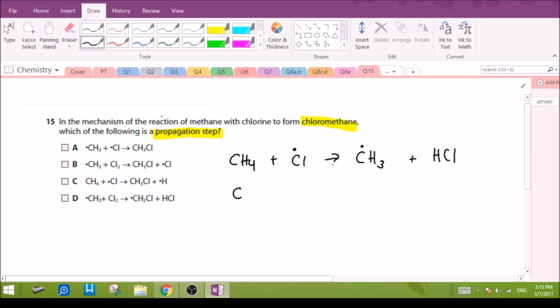And the methyl radical can also react with a chlorine molecule, forming chloromethane and a chlorine radical. Right, so if you notice, in a propagation step, we consume one radical and we produce another radical. And then the options here, right, we can see that B actually corresponds to one of the possible propagation steps.